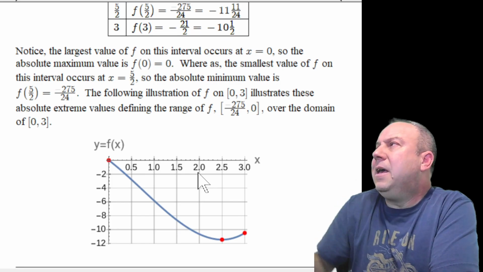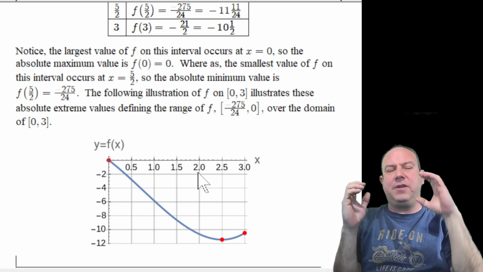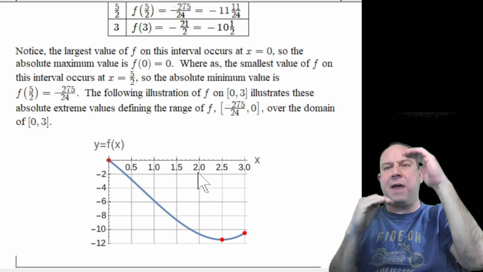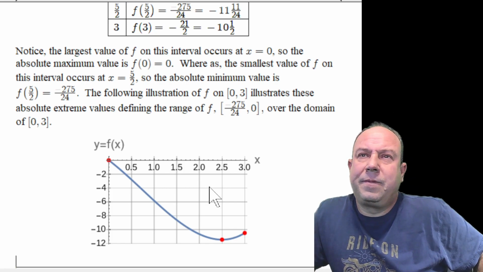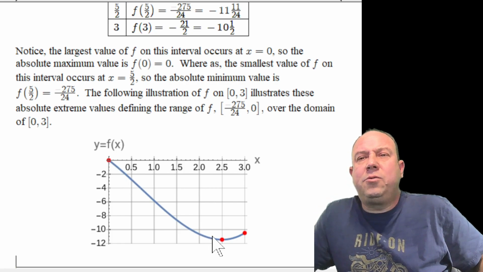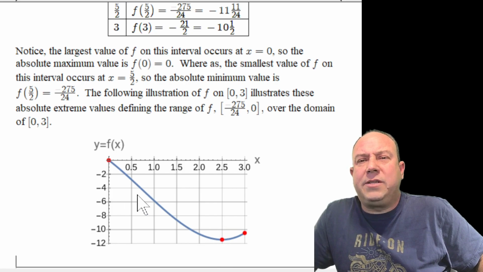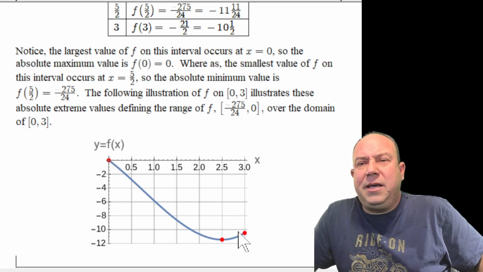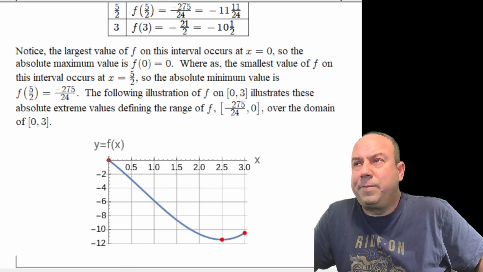All right? If our function is bounded on the left and the right, you're going to have both a maximum and a minimum absolutely. How do you find those absolute maximum and minimum values? Well, you look for the critical points that lie between your boundaries of A and B. And you calculate the outputs at A and B and compare that to the output of the function at your critical points.